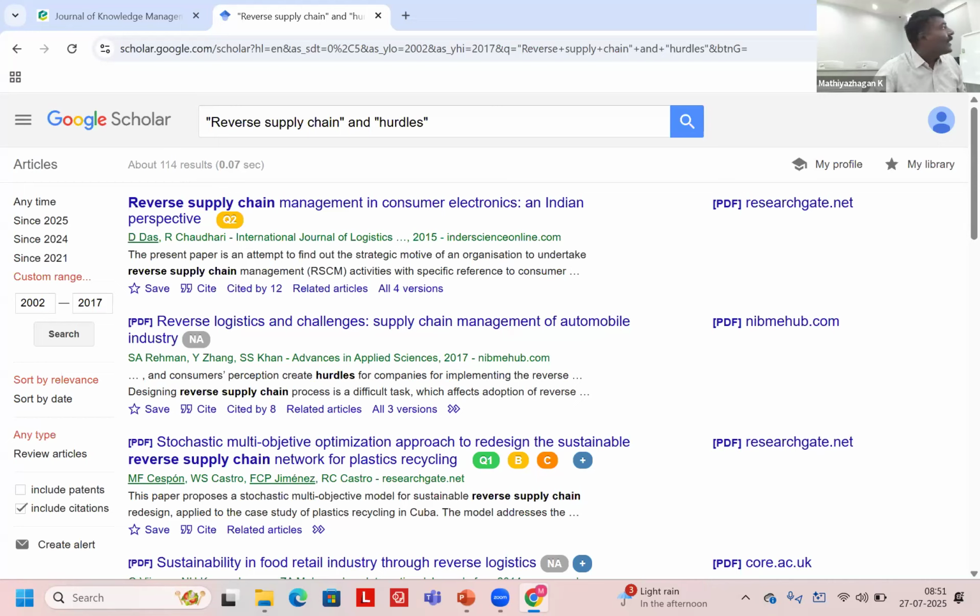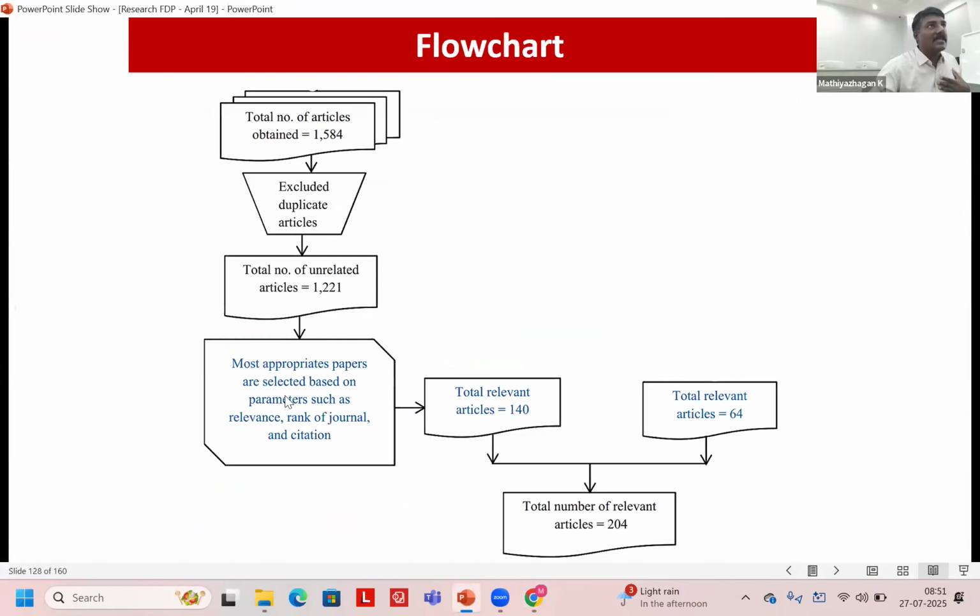It is our selection process, in our research paper. Relevance, rank, citation. From 1584, how many are relevant? Finally, 140. This is a normal way. This is a different combination of keywords. Finally, 140. Now, what about the other two?